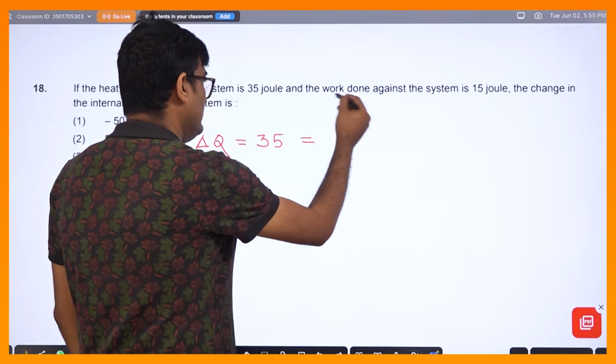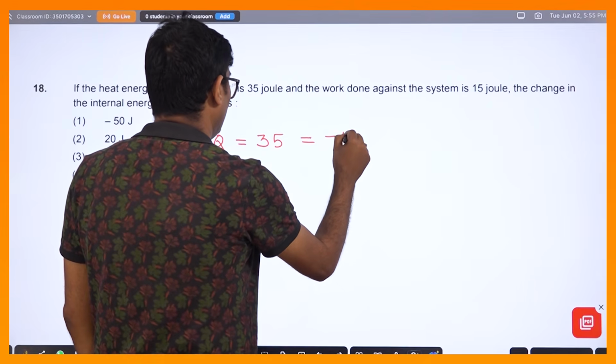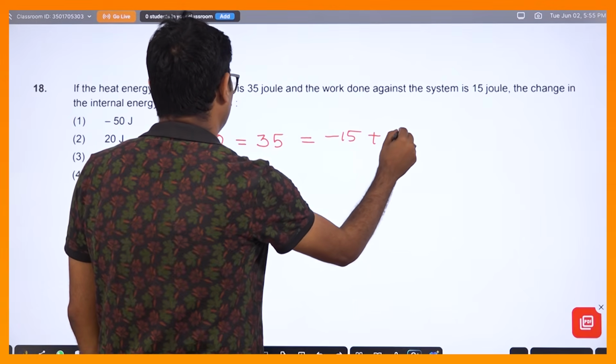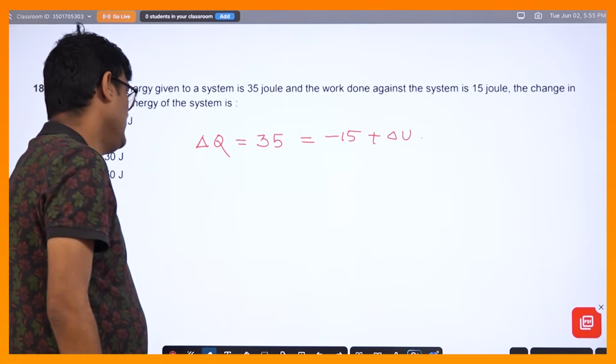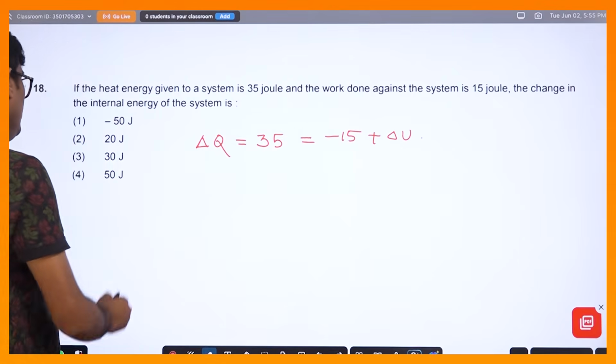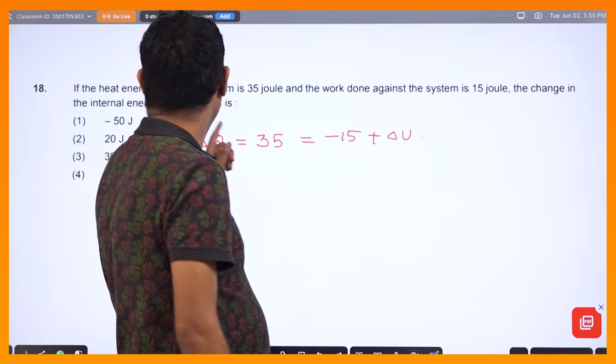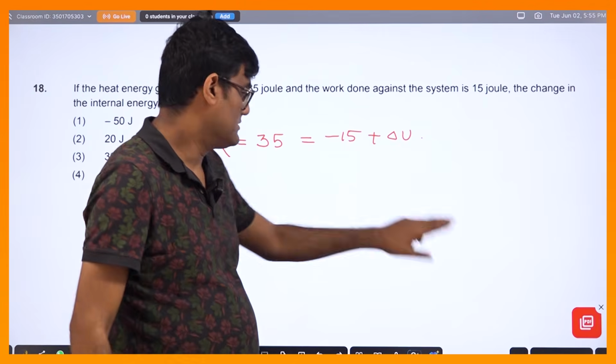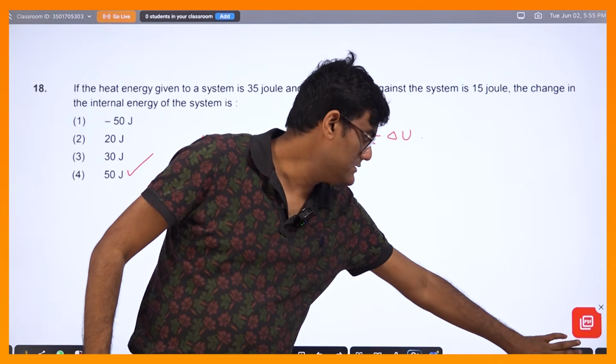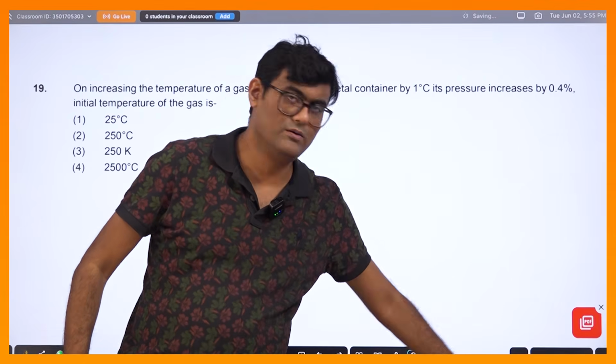That means work done by the system is minus 15 joule. So internal energy change will be plus 50 joule in this case, right? That is a simple first law of thermodynamics question.